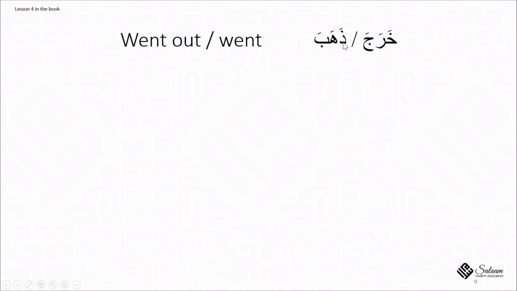As you know, in any language, the verb takes different shape when it was put in a different time. For these, this is the past of these verbs, dhahaba and kharaja. Dhahaba means went, which is the past form of the verb go. And kharaja means went out, like he went out of the room. Dhahaba means he went somewhere.